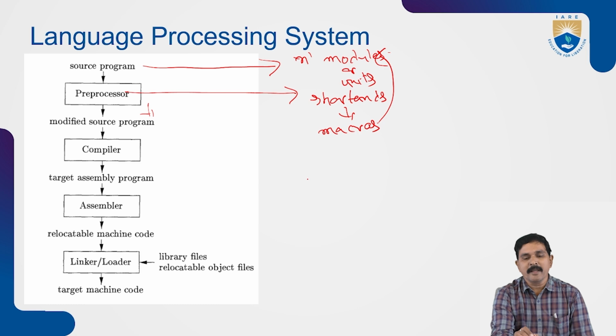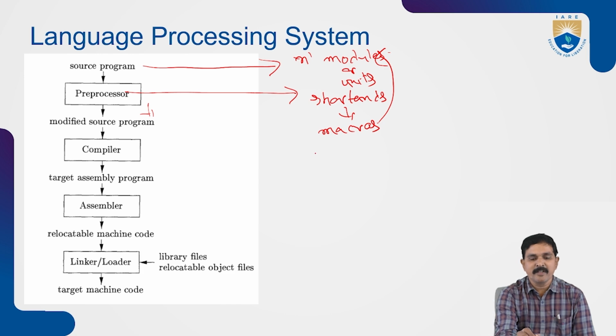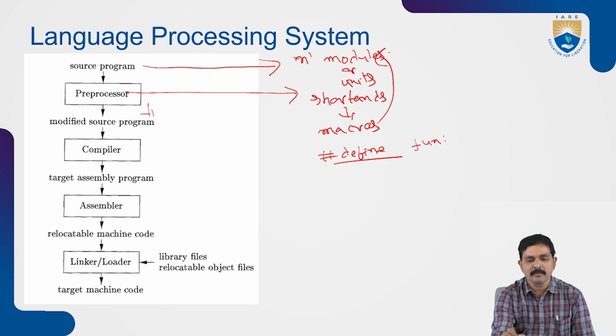So any library file, or if you want to create your own user defined function, you call it with some macros. For example, in a C program, the hash define statement is there. Using the hash define statement, you define any function, or you call some variable value.